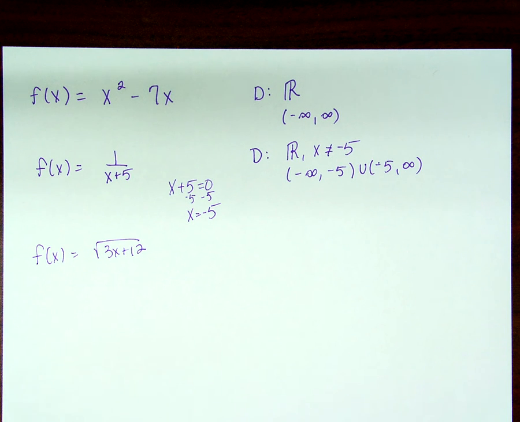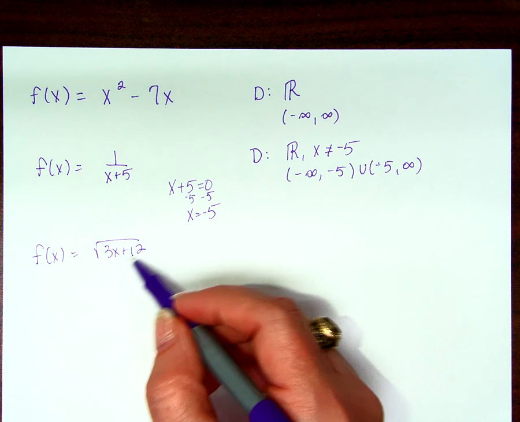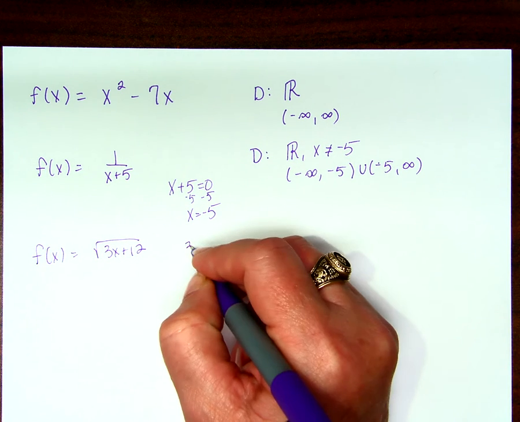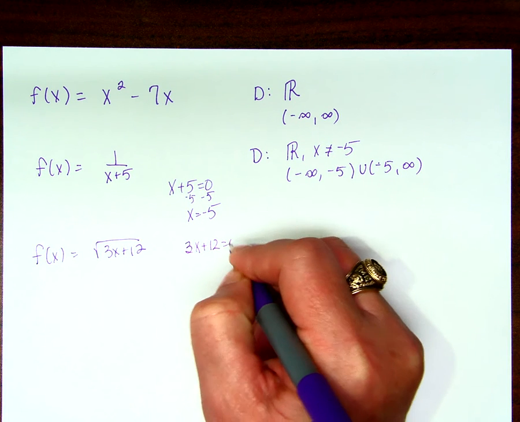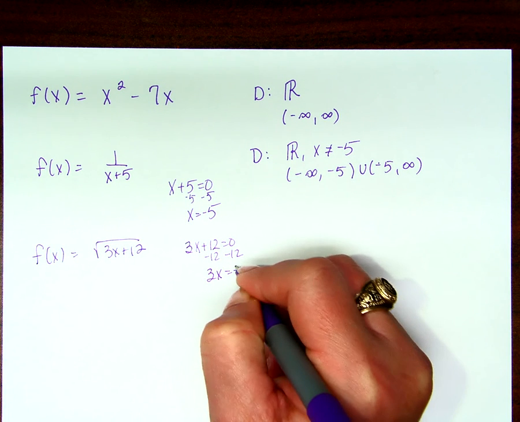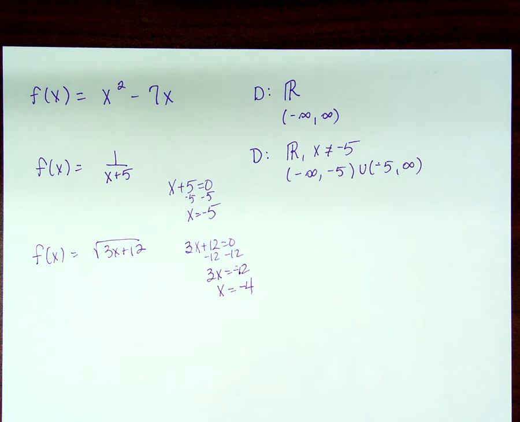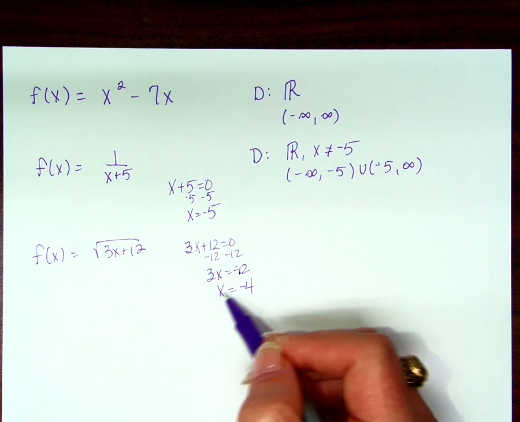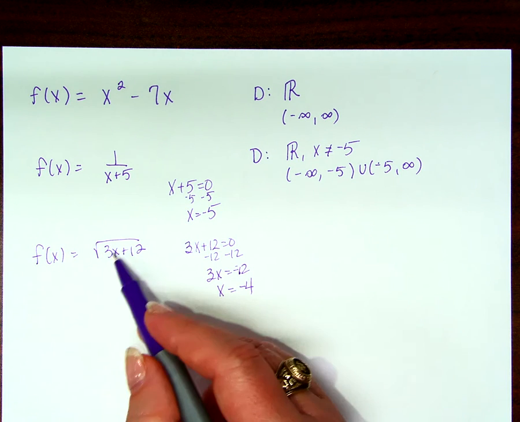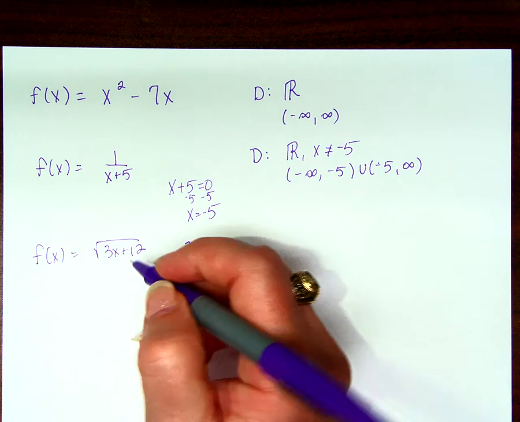If it's negative, we'd have the i, and we're not going to deal with that right now. So I need to set whatever's here equal to 0 to start with. 3x plus 12 equals 0, so subtracting 12, 3x equals negative 12. So x equals negative 4. That gives me a starting point. Anything less than this will give me a negative number underneath. Think about what a square root function looks like.